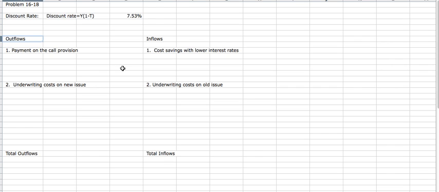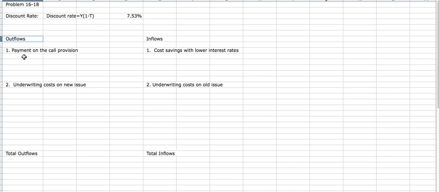According to the problem, the original bond indenture contained a 5-year protection against a call with a 9% call premium starting in the 6th year and scheduled to decline by 0.5% each year thereafter. Consider the bond to be 7 years old for purposes of computing the premium. So according to our chart, on the 7th year, there would be an 8.5% call premium on the bonds.